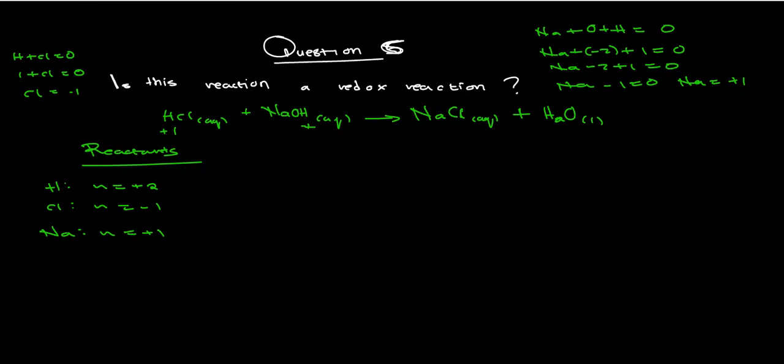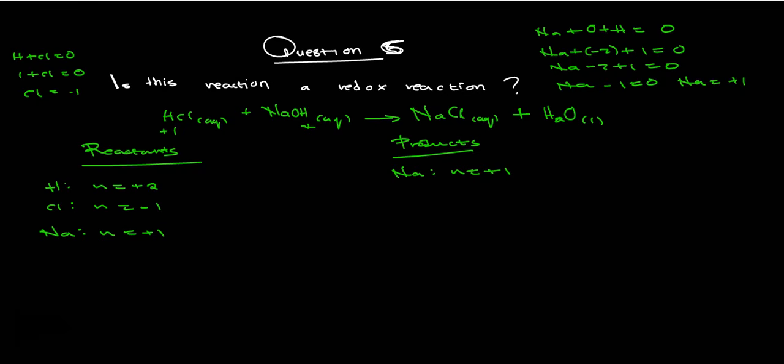So we are done with what? We are done with the reactants. We come to the products. Here we have sodium and chlorine. Whole group 1 elements in a compound is what? It is +1. So even here, the oxidation number of sodium is +1.